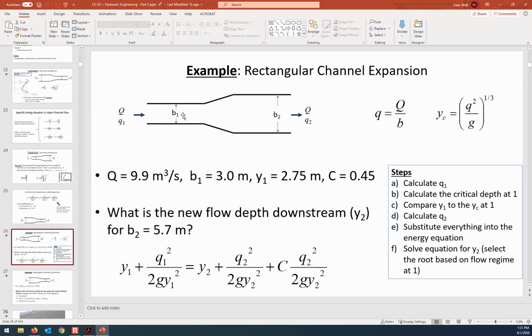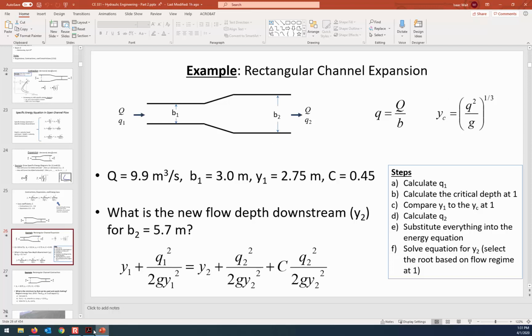So it got wider and it got deeper, but remember this loss also occurred. So sometimes that throws a bit of an unknown, a curveball, where you could have maybe reasoned through it with the help of a specific energy diagram if you didn't have to account for the loss. But it ends up that it's getting wider and it's getting a little bit deeper, where maybe we would have thought, well, if it's getting wider, that must mean it's going to have to be shallower.